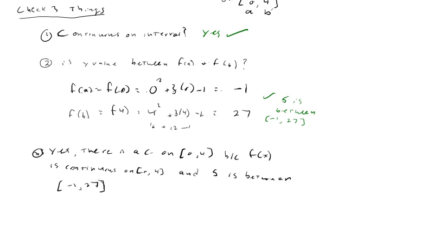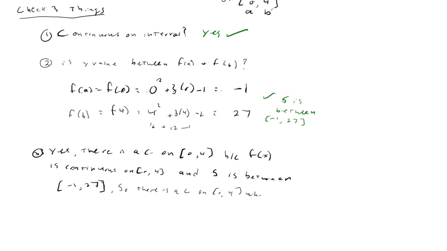Maybe I should add: so there is a c on 0 to 4 where f of c equals 5.